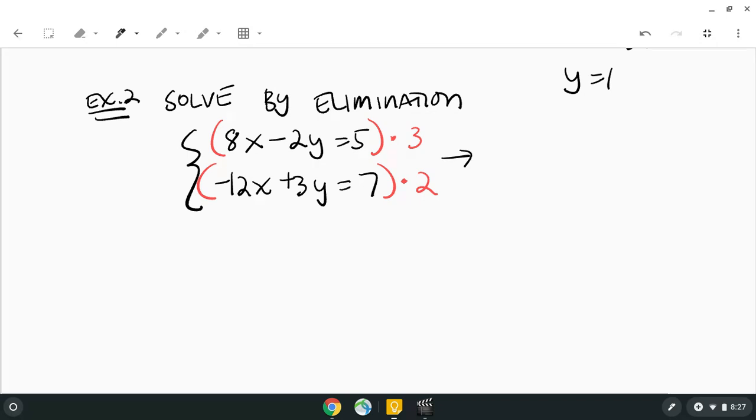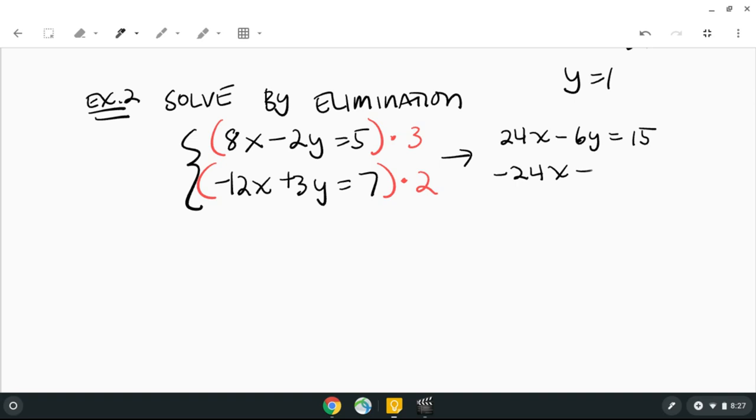All right, so let's take a look at what we get when we multiply everything in that first equation by 3. So I get 24x minus 6y equals 15. And then that bottom equation, when we multiply everything by 2, I get -24x plus 6y equals 14.